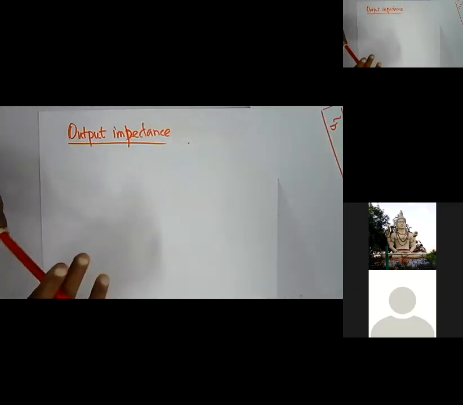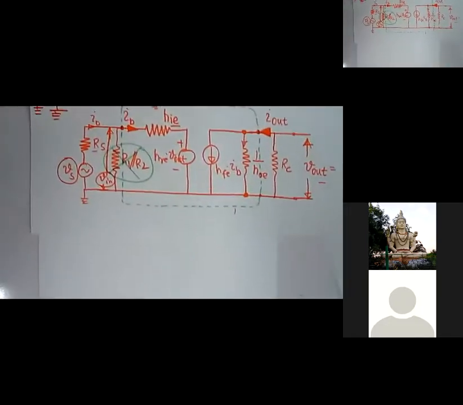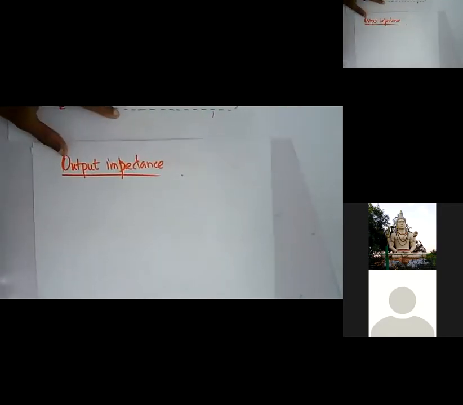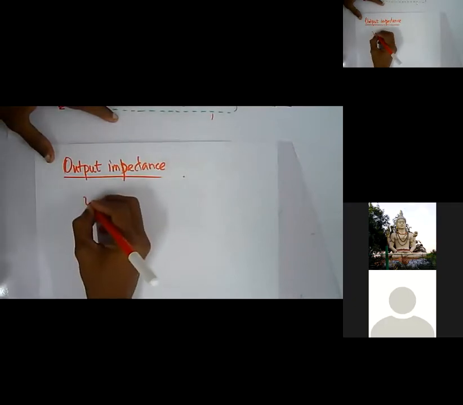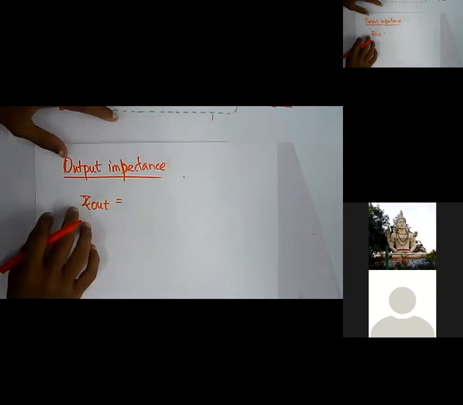Right, output impedance. To derive the output impedance, we need to make a change in our circuit. From the definitions, Z in is input impedance, Z out is output impedance.